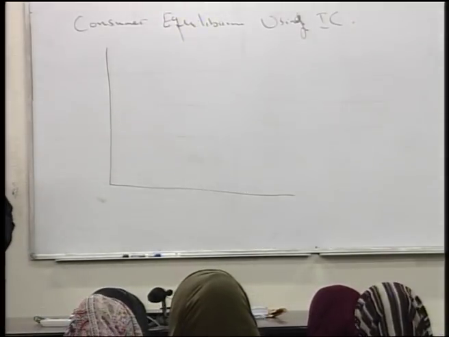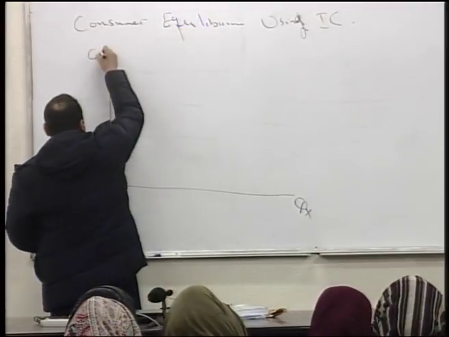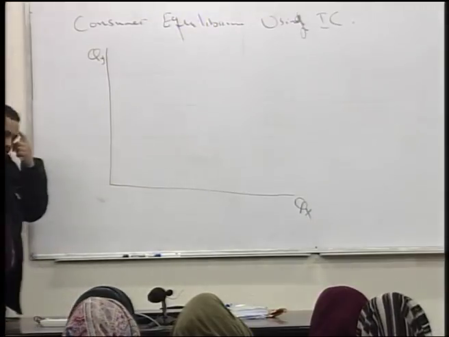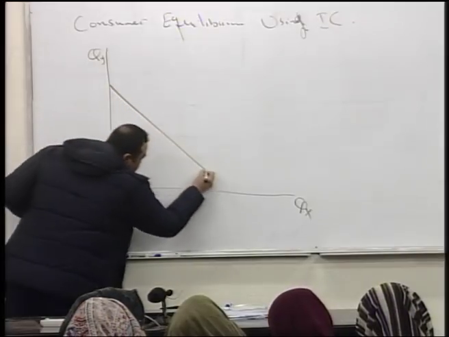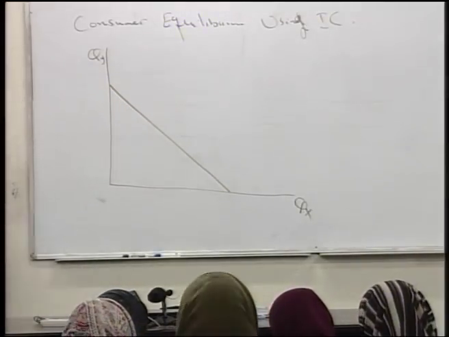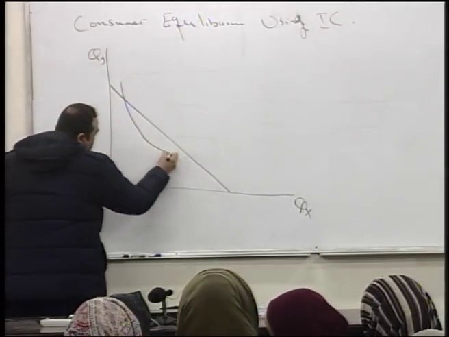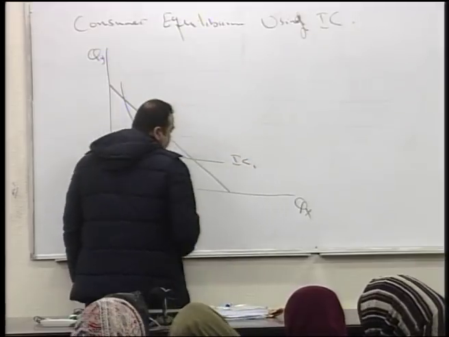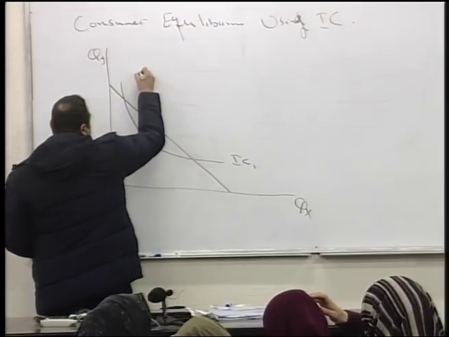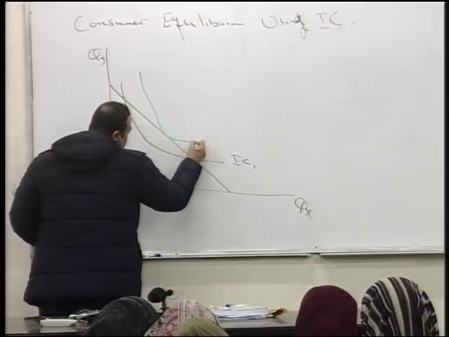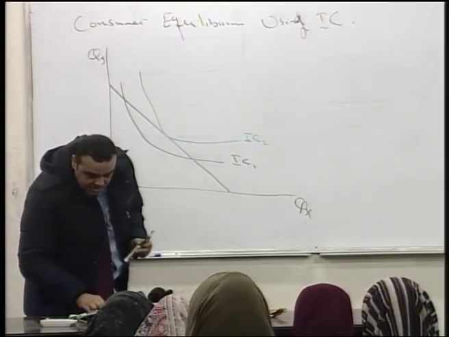So let us have the following graph: quantity X, quantity Y, and let us assume that we have the following graph: IC1, IC2, and IC3.